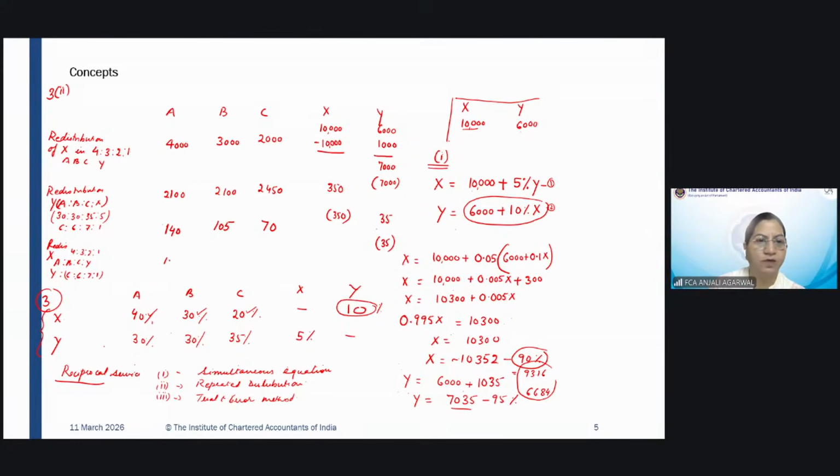So 10.5 will go to A, 10.5 will go to B, 12.25 will go to C, and also 1.75 will come to X. Okay.